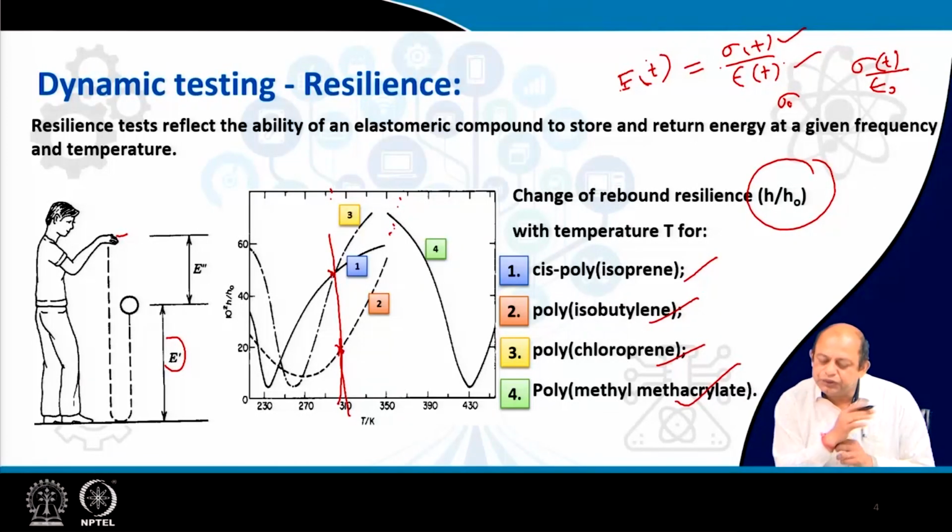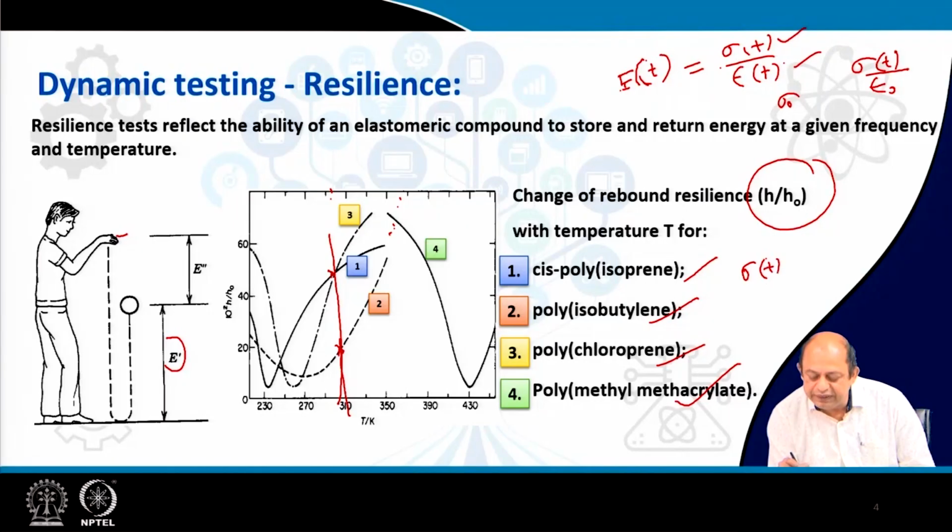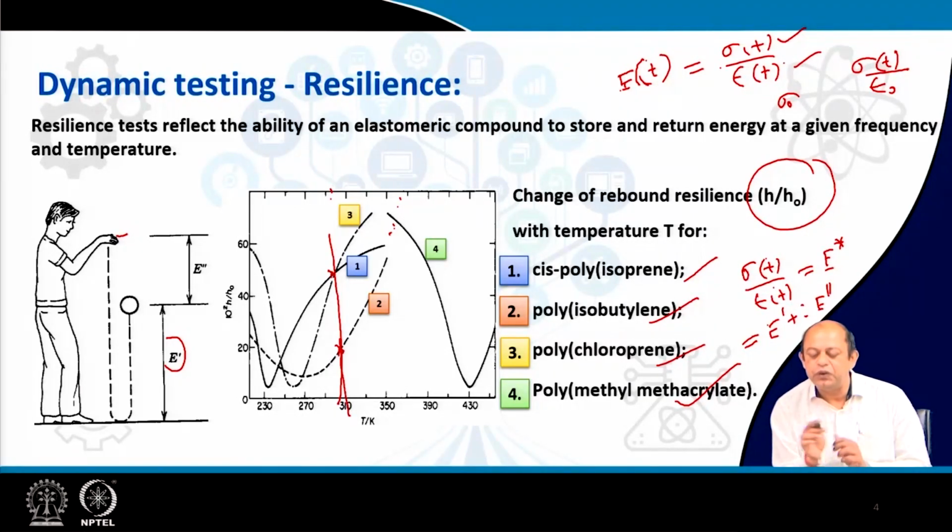But one of the most straightforward and direct experiments is to vary sigma as a function of time and see what the response epsilon is as a function of time. If you take the ratio sigma(t) by epsilon(t), you call it a composite modulus, and that is composed of E prime and i E double prime. So that gives you a more direct relationship.